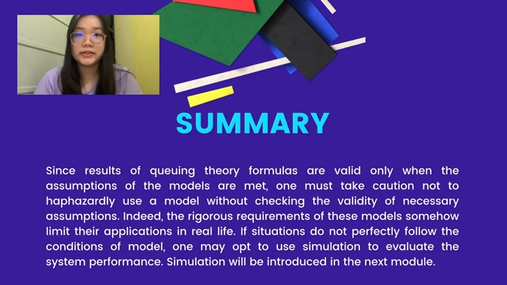Since results of queuing theory formulas are valid only when the assumptions of the models are met, one must take action not to haphazardly use a model without checking the validity of necessary assumptions. Indeed, the rigorous requirements of this model somehow limit their applications in real life. If situations do not perfectly follow the conditions of the model, one may opt to use simulation to evaluate the system performance.